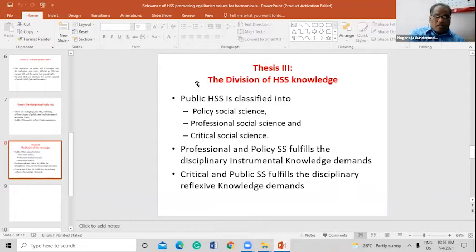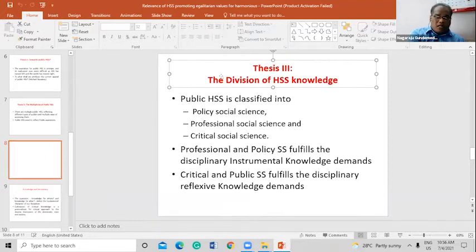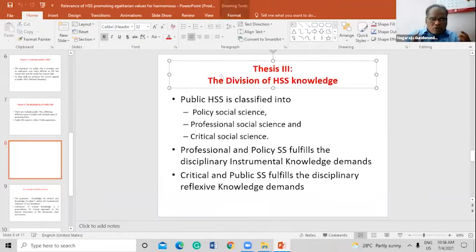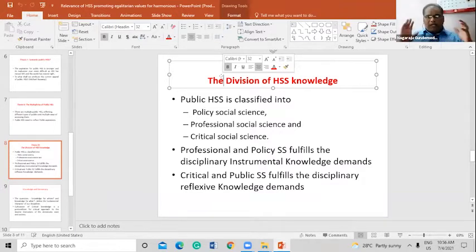So another important idea here is how to conceptualize the idea of the public HSS, right? The public HSS, friends, needs to be understood at three levels.